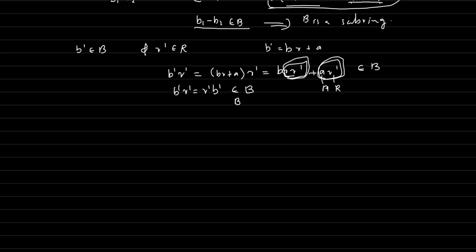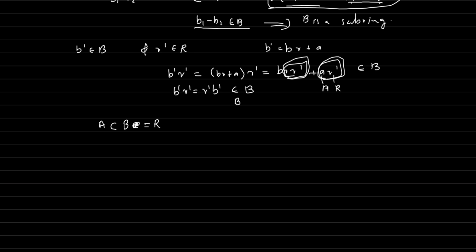Hence, here look at B. B is an ideal and B contains A. Since A is maximal, B must be equal to R. Otherwise, it will contradict the definition of maximal.